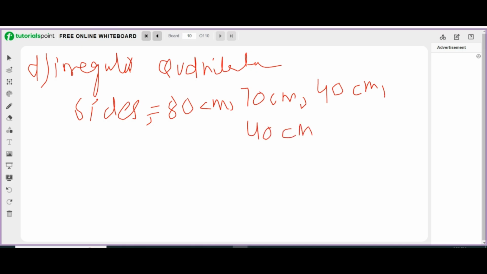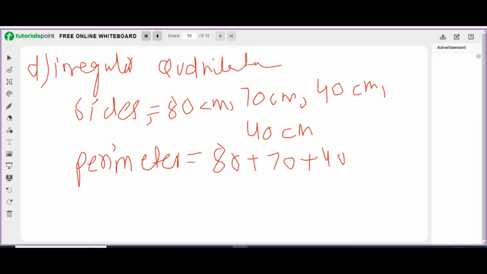And then what is the formula for the perimeter of a quadrilateral? Yes, we have to add all the sides. 80 plus 70 plus 40 plus 40.